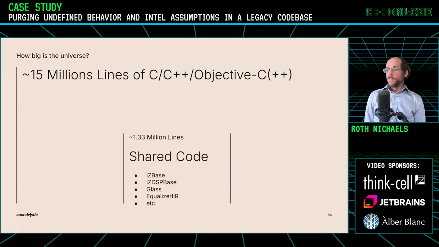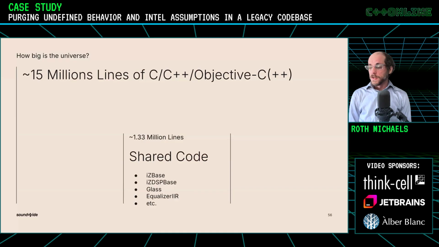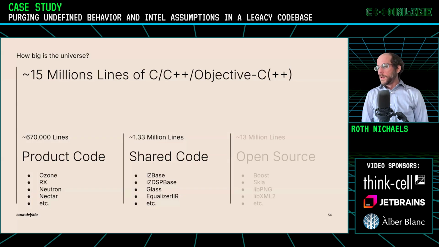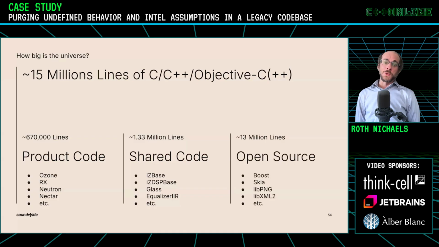About 1.3 million lines of internal library code shared between products: DSP libraries, UI libraries, etc. About two thirds of a million lines of product code, which is, I'm quite sure, a much bigger number 5 years later; it might be over a million lines. And then 13 million lines of open source code that we hope was written correctly and is working correctly.